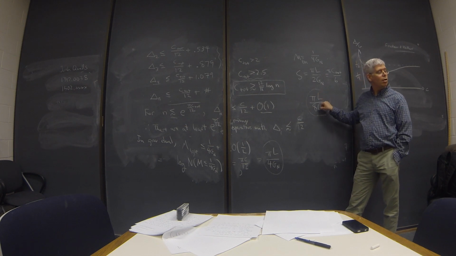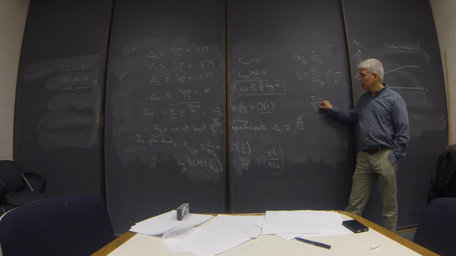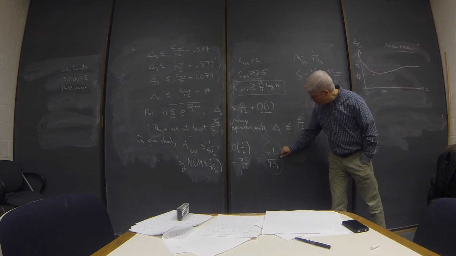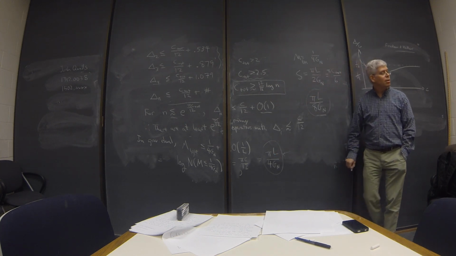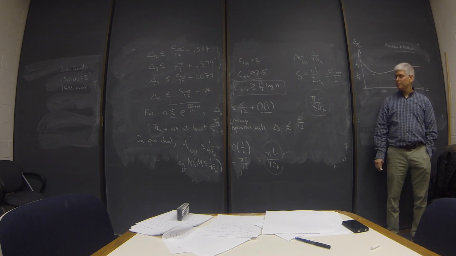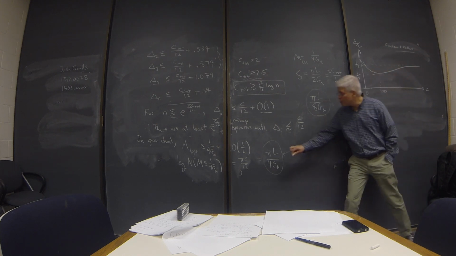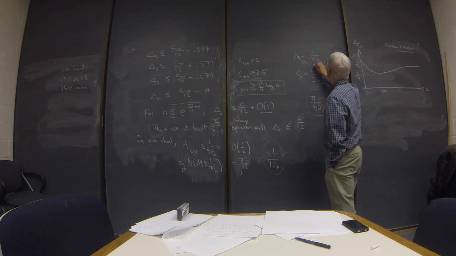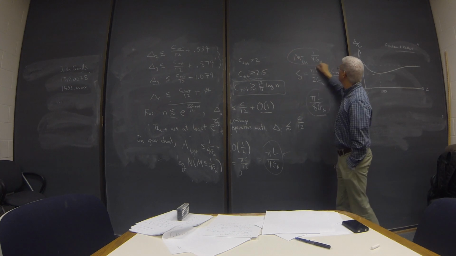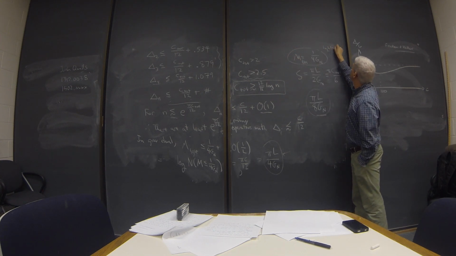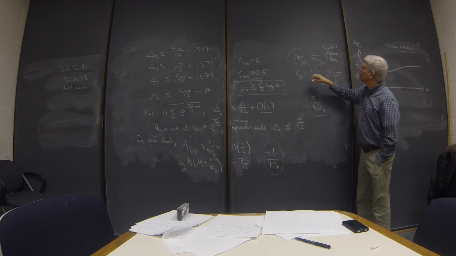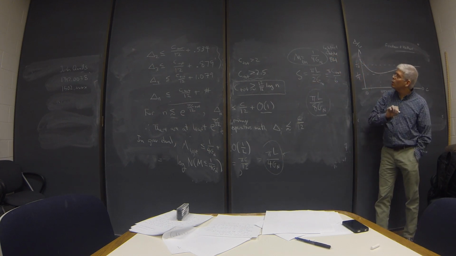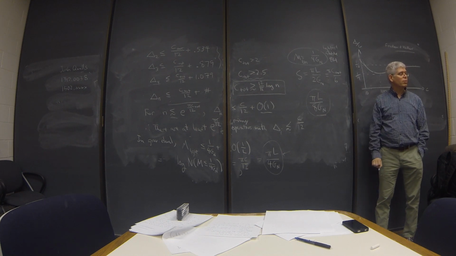This is actually thermodynamically unstable, and in fact the lightest stable black hole has this entropy. This is the mass of the lightest stable black hole. The unstable ones, the small unstable black holes, are those between 1 over 8 G Newton and 1 over 4 G Newton.